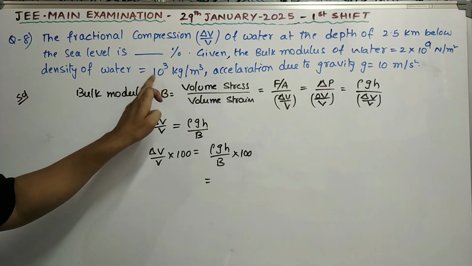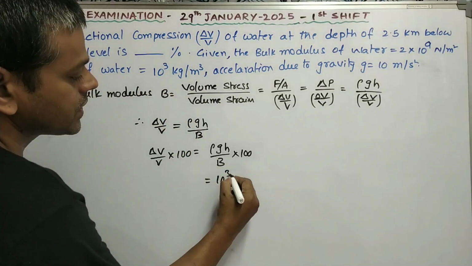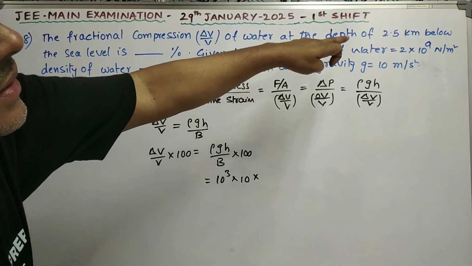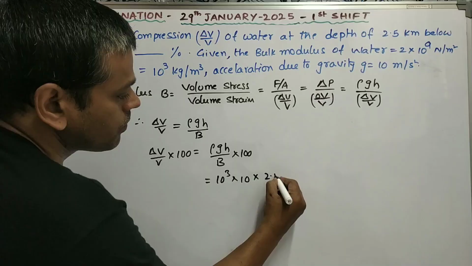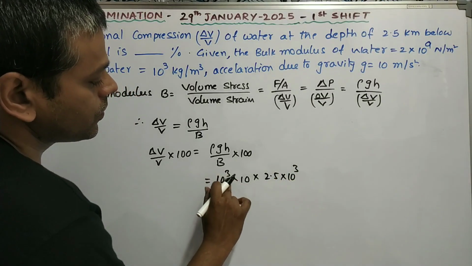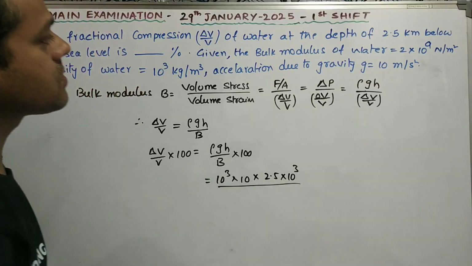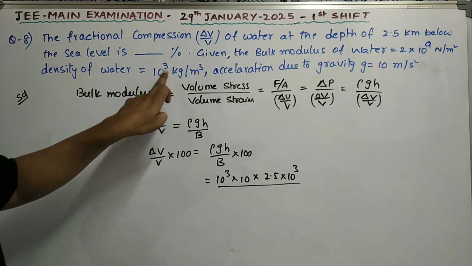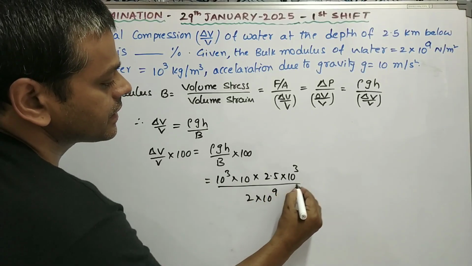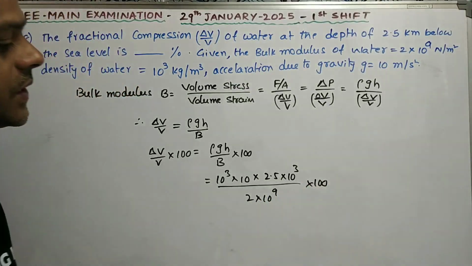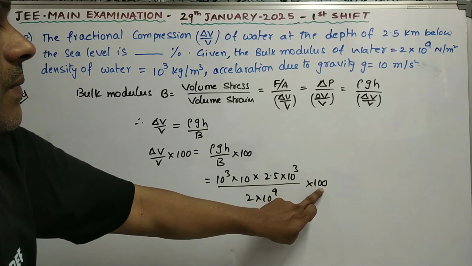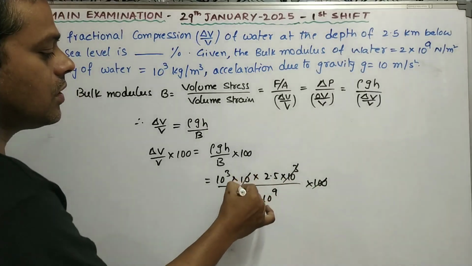Density of water is given: rho is equal to 10 cube. g is equal to 10. h is the depth below the surface, 2.5 kilometer, that is 2.5 into 10 cube meter. The bulk modulus of water is given as 2 into 10 power 9, into 100. So 10 cube, 10 power 4, 10 power 7, 10 power 9, these are cancelled.